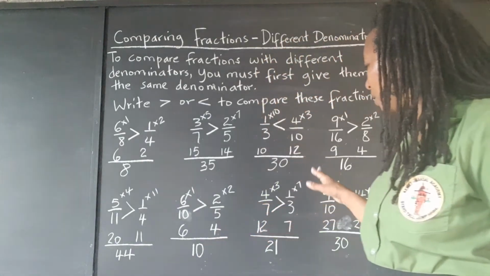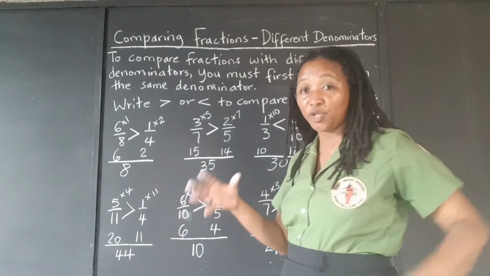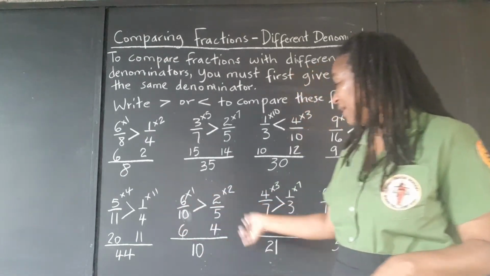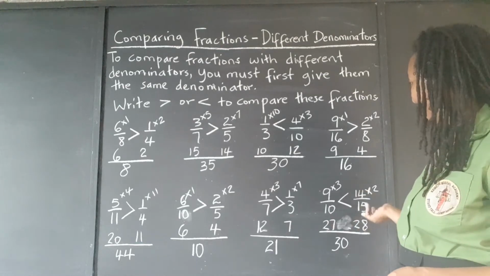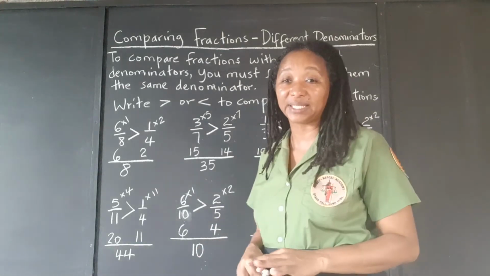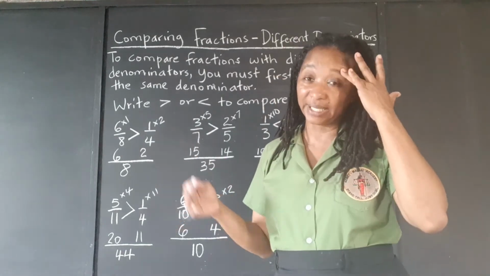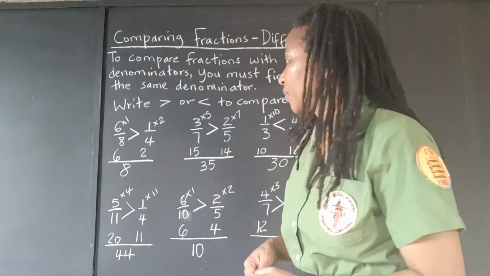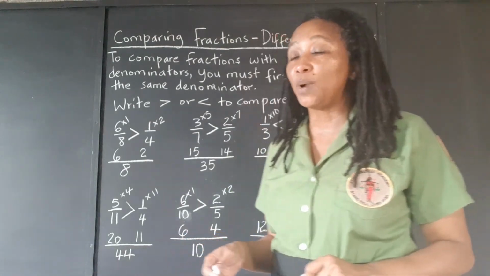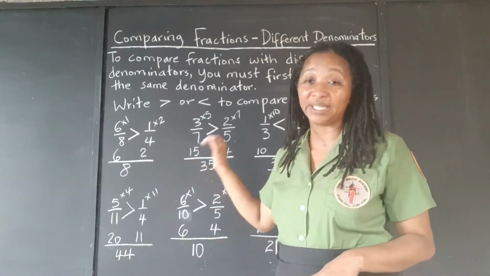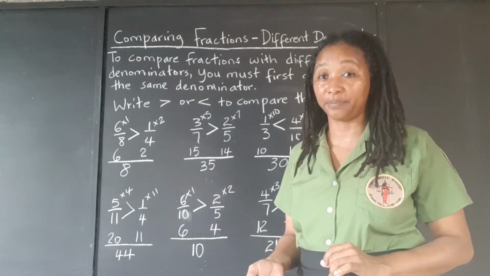They just look at the actual number, and they'll say 10 is bigger than 5, 11 is bigger than 4, or 15 is bigger than 10, and they use that as the basis for comparing. Sometimes you might end up being right. However, there are times when you're going to be wrong. So you have to actually make sure you put them over the same denominator before you compare them.